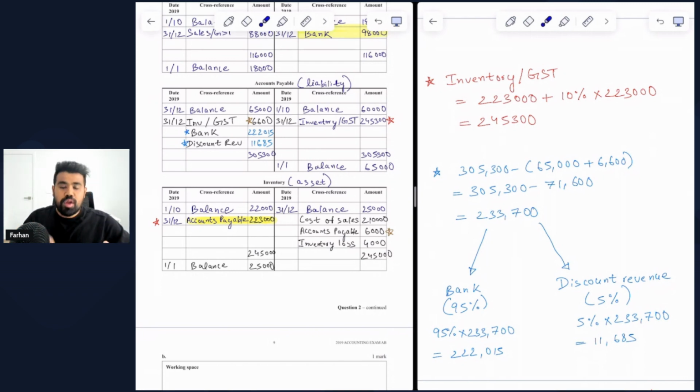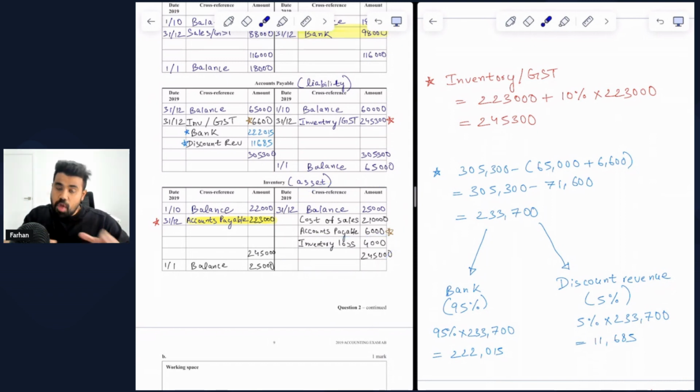And also, when we are returning this inventory, that reflects a reduction in the amount of inventory or assets that we have in the books. And when assets go down, we got to credit them. So that is why we refer to accounts payable of 6,000 on the credit side of the inventory account, which refers to more inventory going out of the business.